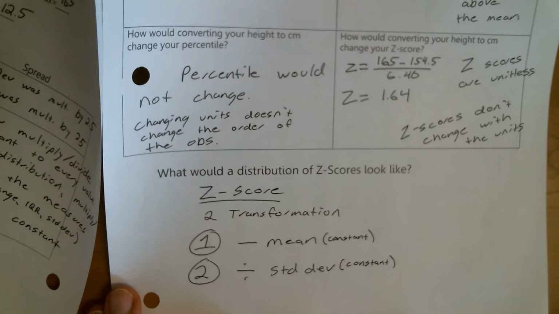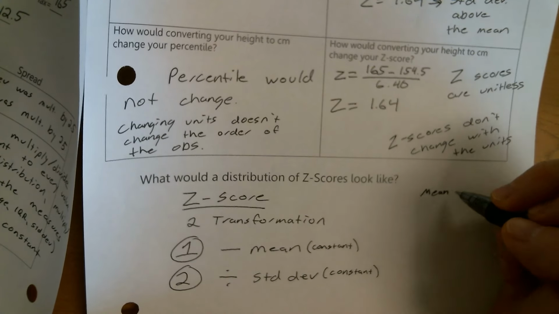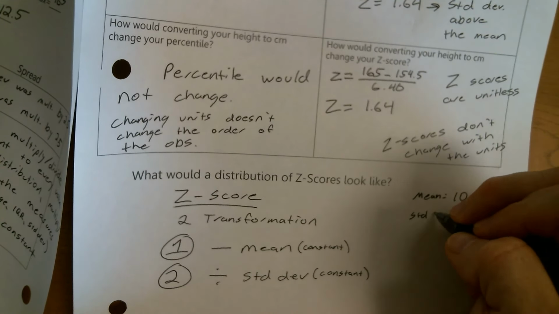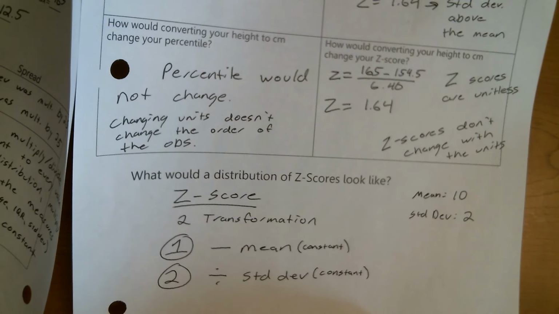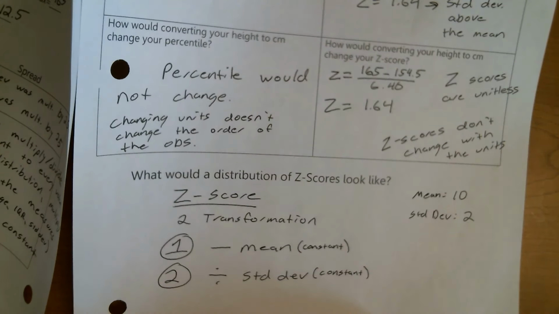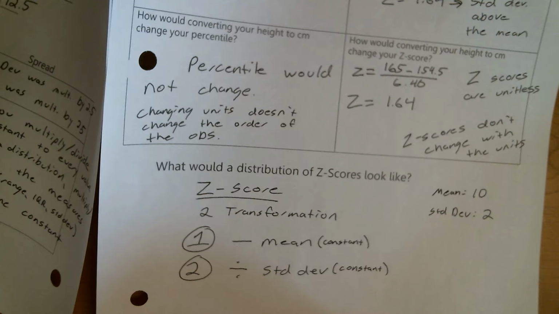So let's think about a little example here. Let's pretend the mean of a distribution was 10, and the standard deviation of a distribution was 2. These are just made up numbers. If I were to convert every single observation into a z-score, that would mean that from every single observation, I subtracted the mean. So if my starting mean was 10, and I subtracted 10 from every observation, my new mean would be 10 minus 10, or 0.